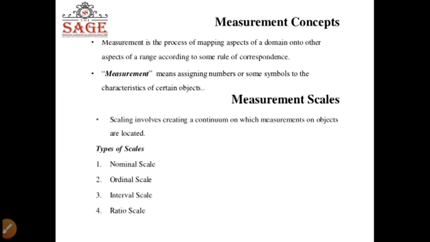Now in social sciences, or in any kind of research, we divide the data into 4 kinds of scales. As you can see on the screen, they are nominal scale, ordinal scale, interval scale, and ratio scale.